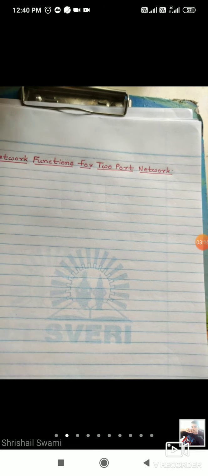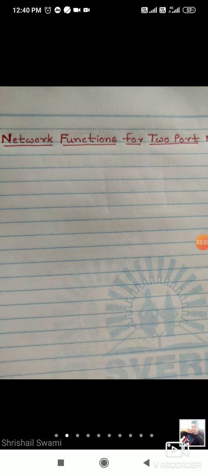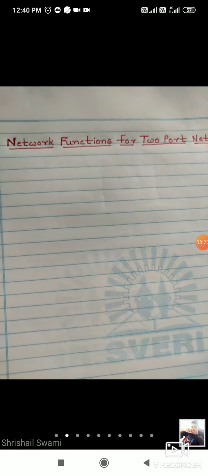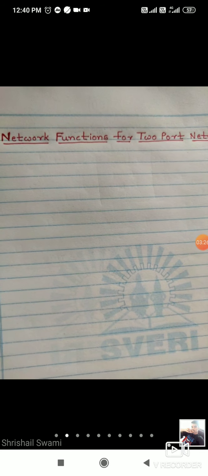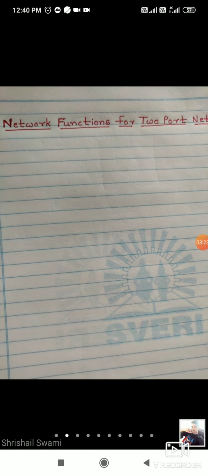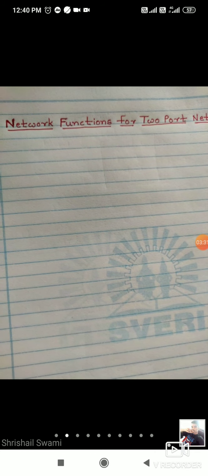We start the next point, the driving point function for two port network. Yesterday I told that a total of 12 network functions are possible, and in the university question paper they will ask the definitions.